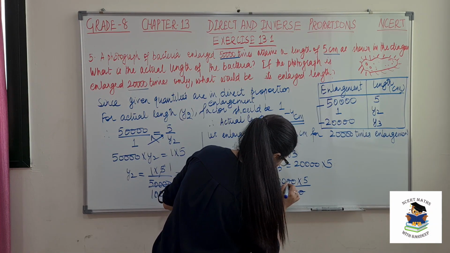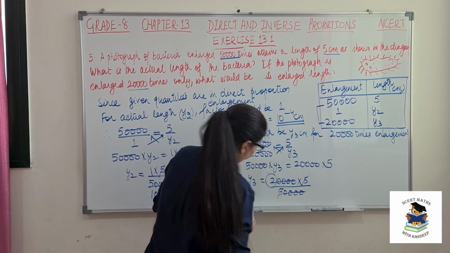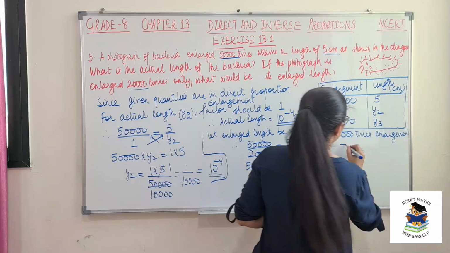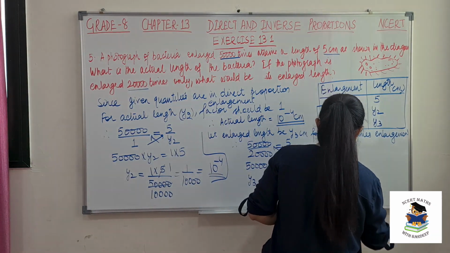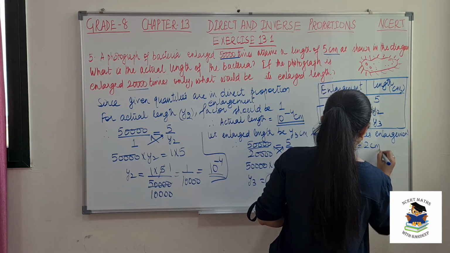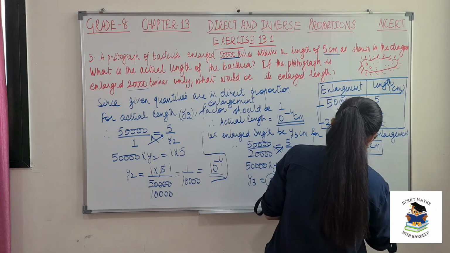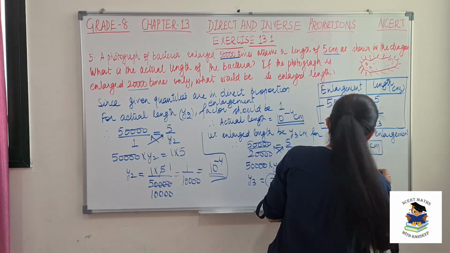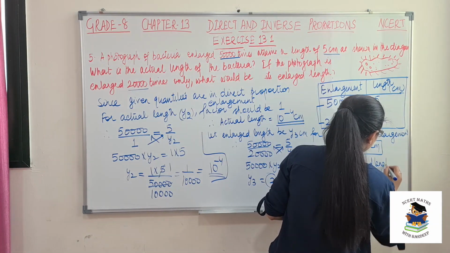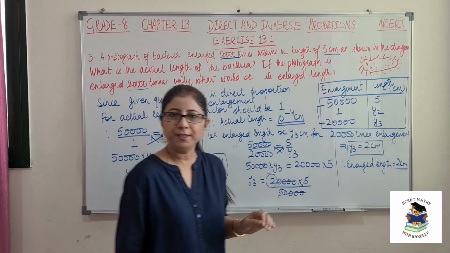See, these 4 zeros will be cancelled with this, 5 with 5, and we are left with 2. This implies y3 is equal to 2 centimeter. Therefore, enlarged length is equal to 2 centimeter.